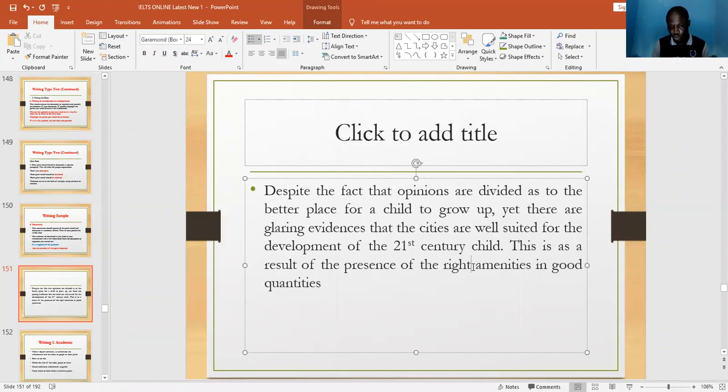This is as a result of the presence of the right amenities in good quantities and qualities in the city centers, as well as the cross-cultural competence.